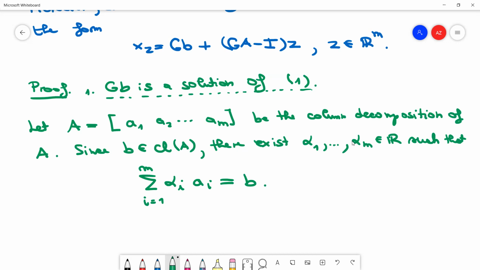And let's denote this by 2. So I only wrote what it means that b is in the column space of A. So there are some real numbers such that the linear combination of the columns where the coefficients are those numbers is equal to b.